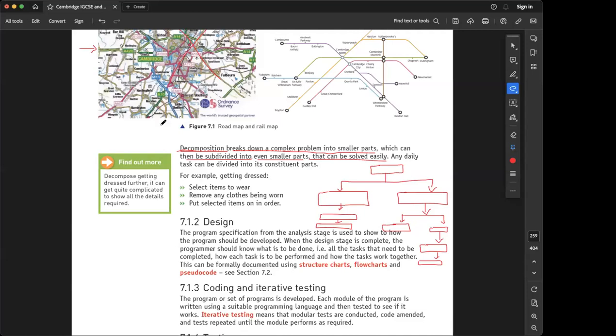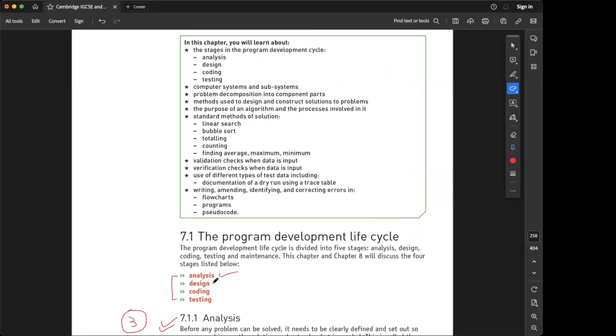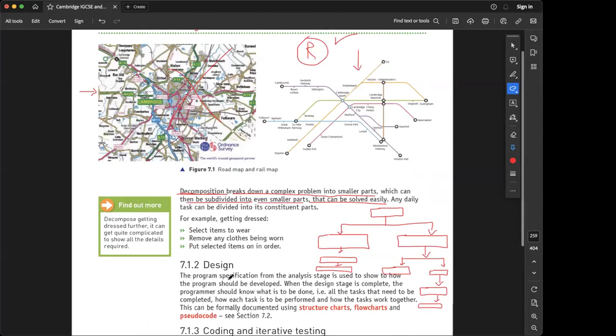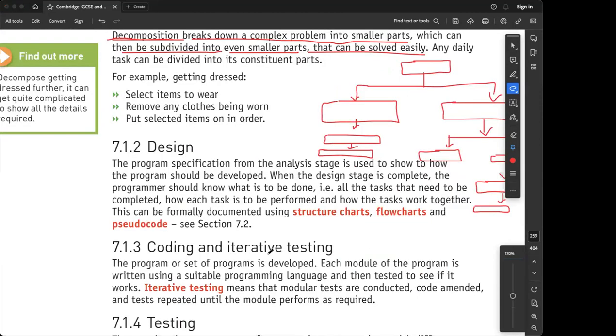For understanding the first phase, analysis, now we are going to move to the second phase of our program development lifecycle. What is the second phase? Design. In the design phase, you can see the program is demonstrated with the help of structure charts, flow charts, and pseudocode. The design phase is used for the programmer to design the program.